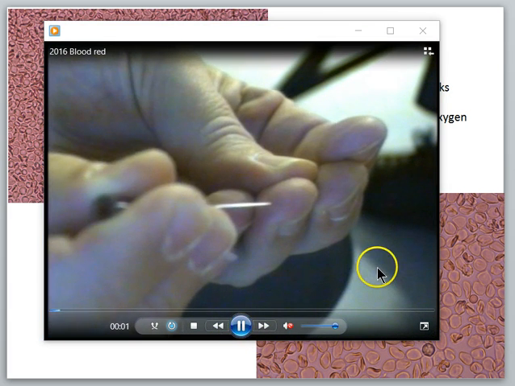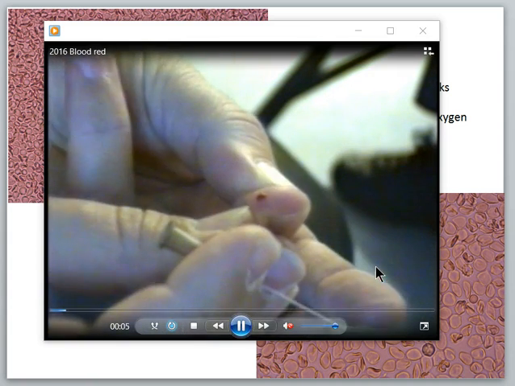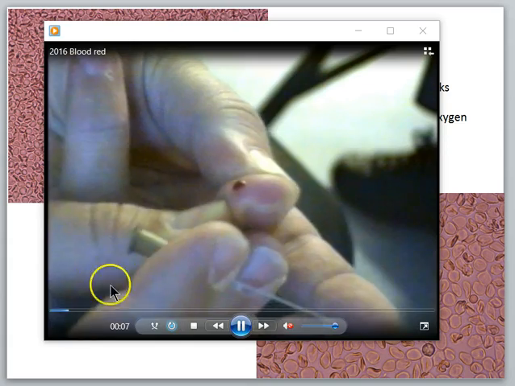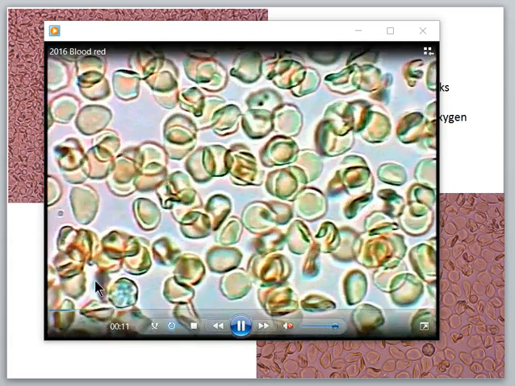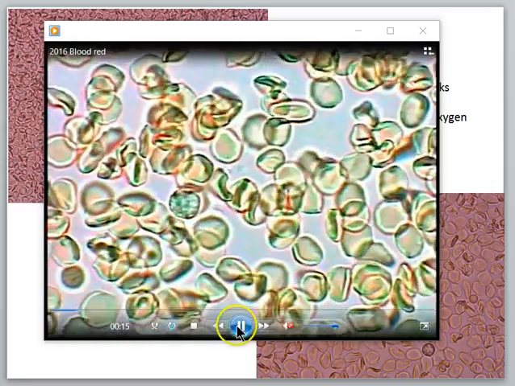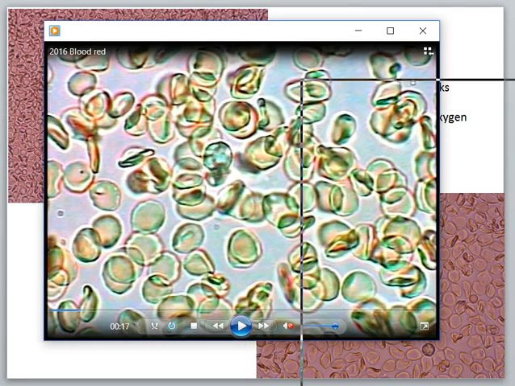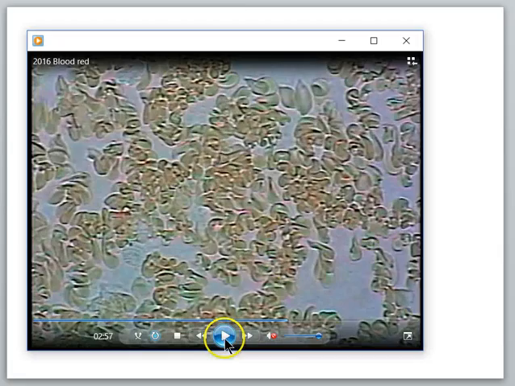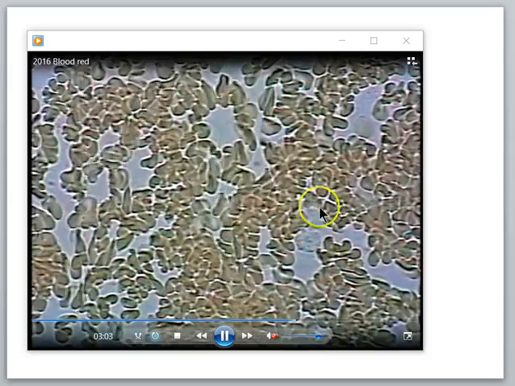You just do this. And when you put it on the microscope, you see something like that. We have red blood cells with a couple of white blood cells. And here's some more blood. I have a couple of white blood cells there.